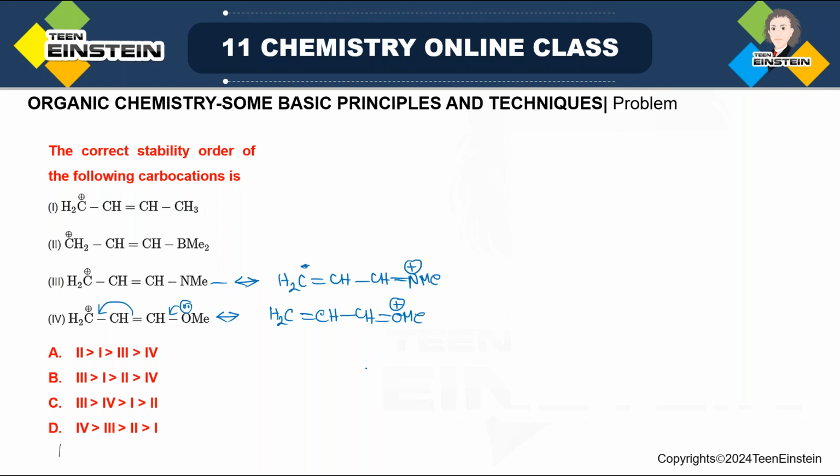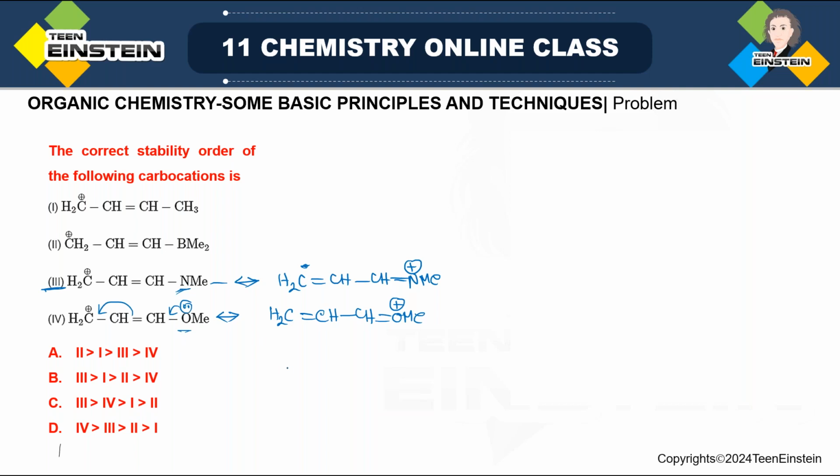Now in both cases this type of lone pair stabilization is possible. So which one will you give priority? You have to give priority to 3, because here the lone pair is on nitrogen, here the lone pair is on oxygen. Now oxygen, because of its higher electronegativity, has less tendency to give electrons, while nitrogen can easily give because of its lower electronegativity compared to oxygen. So 3 should come first. After 3 it should be 4.